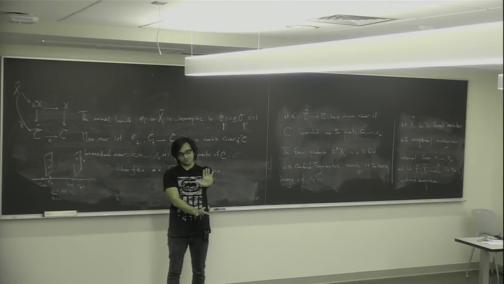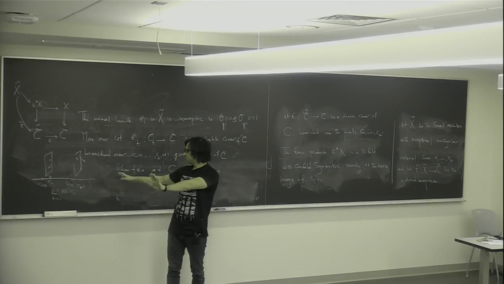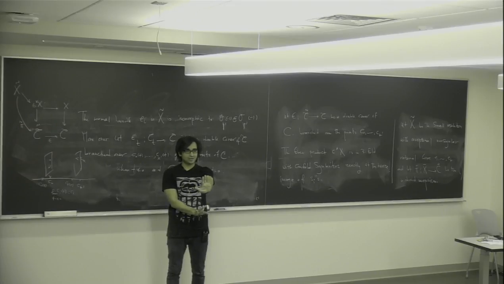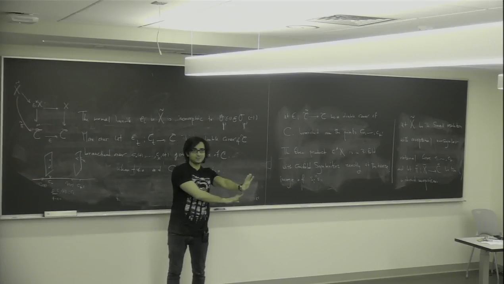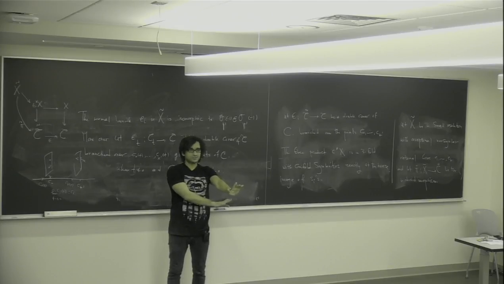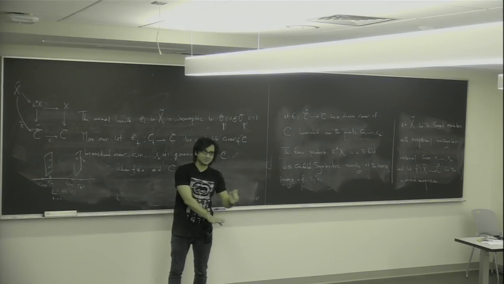And the generic fiber of the other fourfold over t not equal to 0 is going to be x_t that I get from here. And then the special fiber of that fibration is going to be some normal crossing of a smooth thing with something else. And the special fiber of the second one will have x_0 in it.